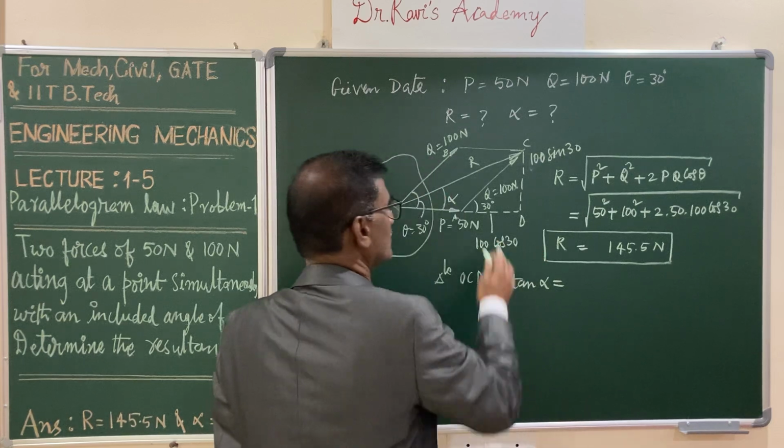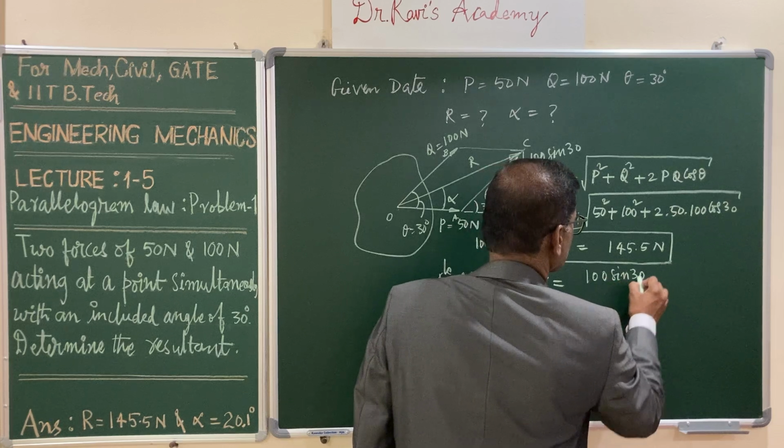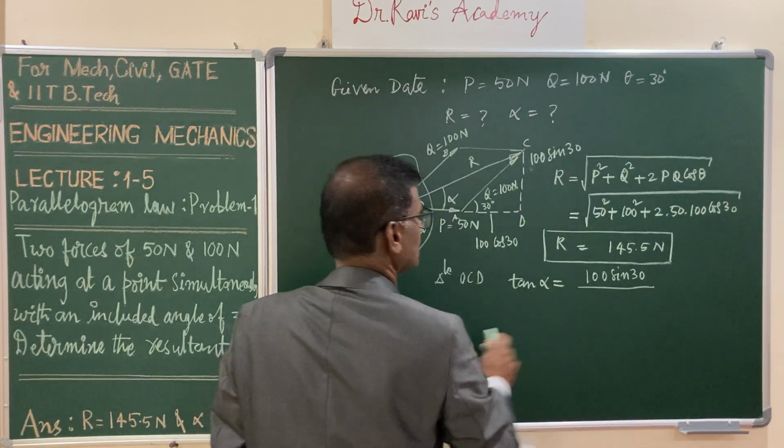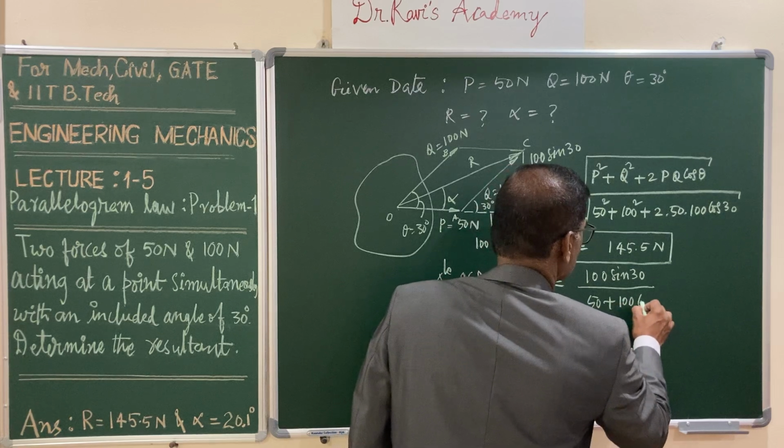So now you can write the opposite side, 100 sine 30, divided by P, that is 50 newtons, plus Q, 100 newtons, cos 30.